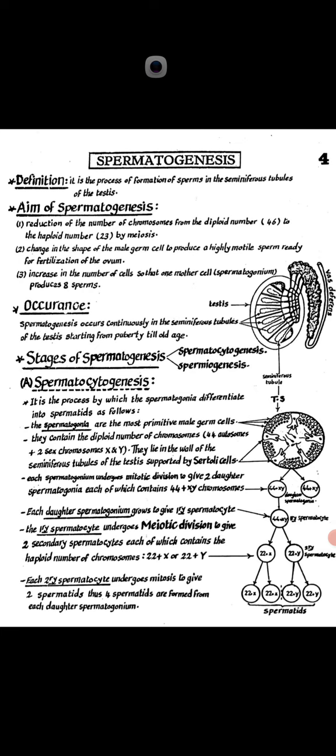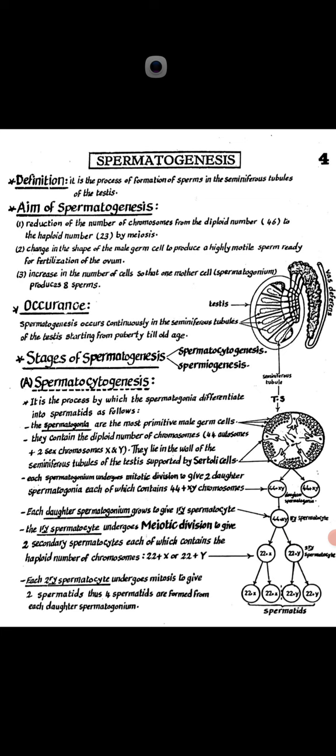The first stage is spermatocytogenesis, in which spermatids are produced from the germ cell. It is a process by which the spermatogonia differentiate into spermatids. Look at the left side of the diagram. First, from spermatogonia, with the help of mitosis, there will be daughter spermatogonia. Then daughter spermatogonia, again by mitotic division, form primary spermatocyte.